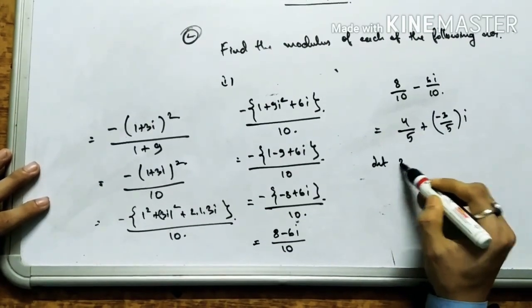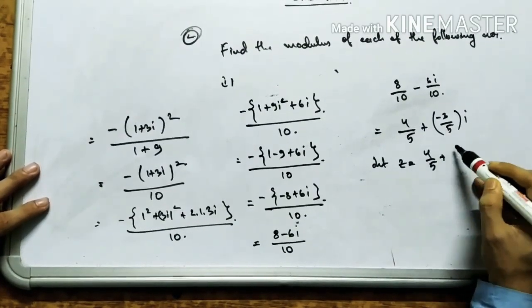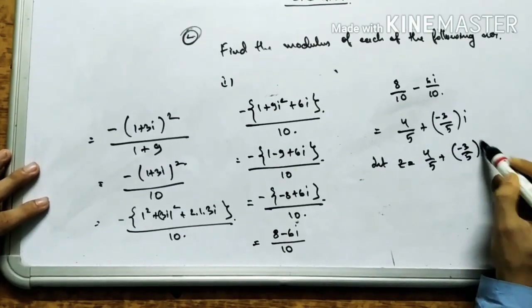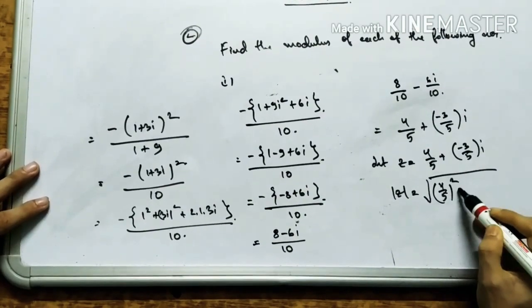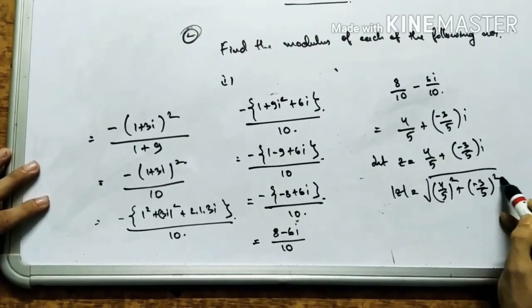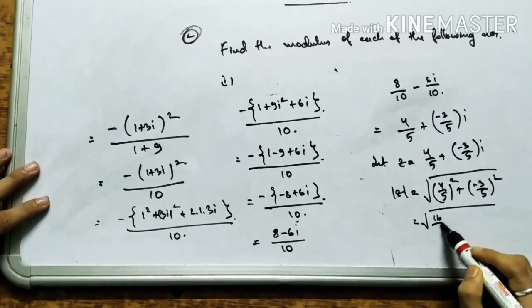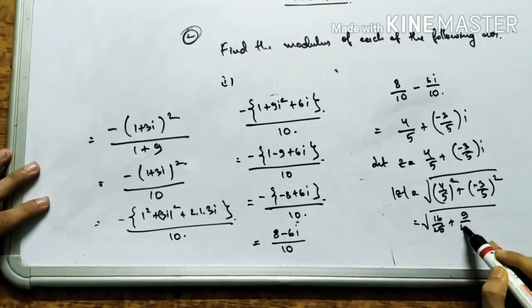So therefore now I will take, let z be equal to 4 by 5 plus minus 3 by 5 i. Now modulus z will be root over 4 by 5 the whole square plus minus 3 by 5 the whole square. So this is equal to 16 by 25 plus 9 by 25.